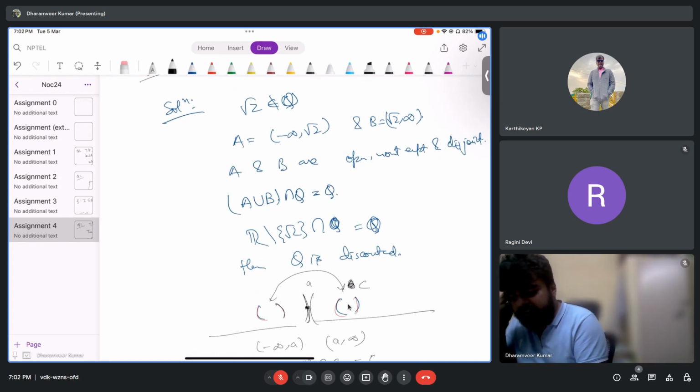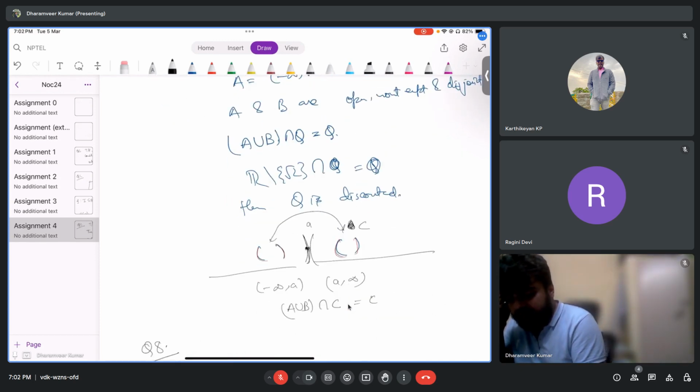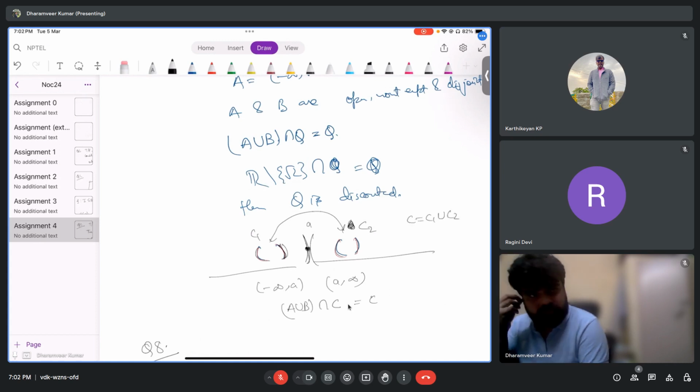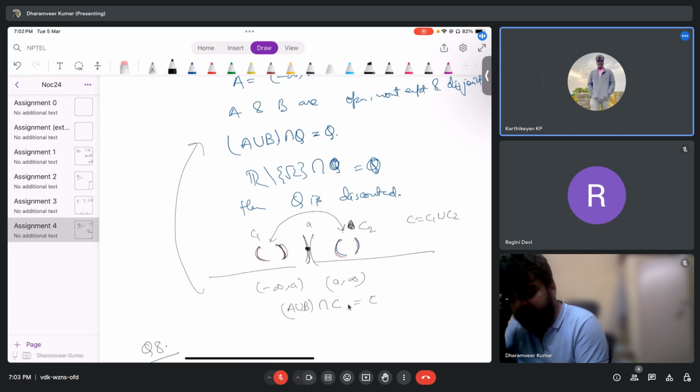What we are saying is, if I have two distinct intervals, and there is a point which is not in them, let's call them C1 and C2, and define C as C1 union C2. This point A is not in C. I'm trying to give you a visual representation of what is called disconnected. You prove it in the same way.